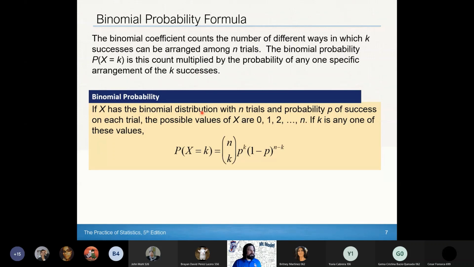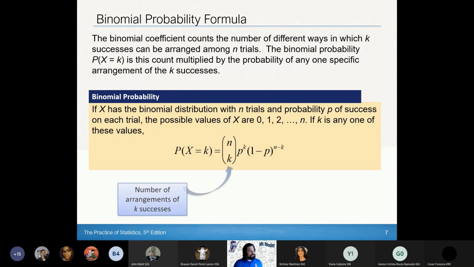If X has a binomial distribution with n trials and probability p of success on each trial, the possible values of X are 0, 1, 2, up to n. If k is any one of these values, then the probability of X equaling k equals n choose k times the probability of success to the power of the number of successes times the probability of failure to the power of the number of failures.